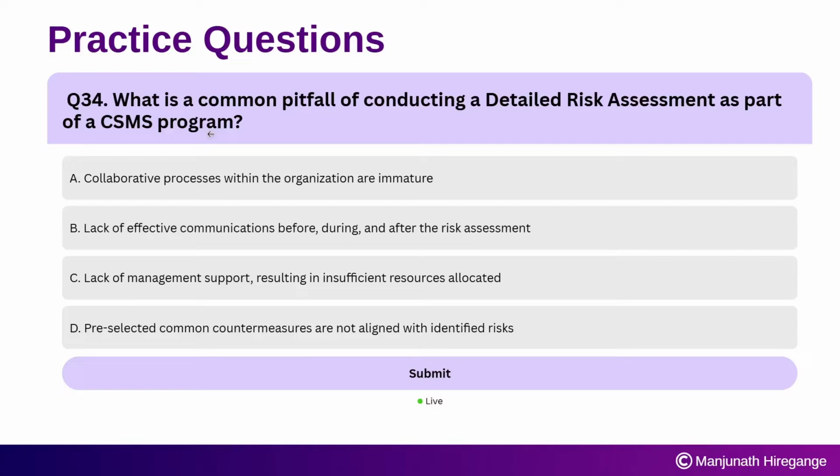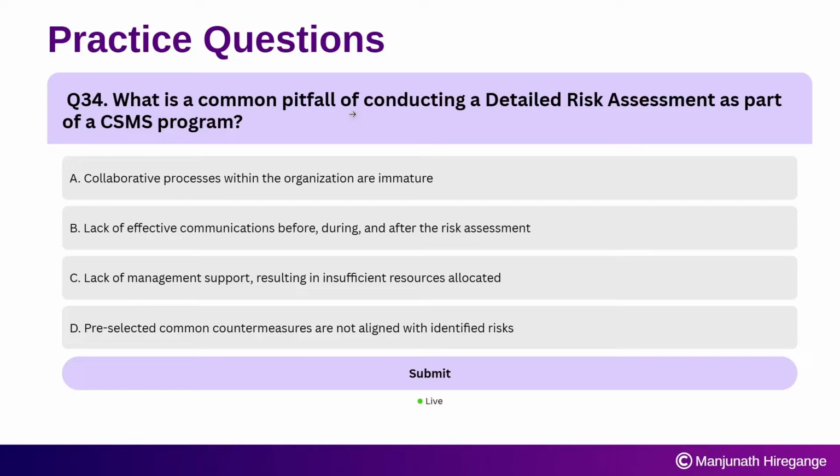For each step, like initiate the CSMS program and then conduct the high level risk assessment, detailed risk assessment, establish the policies, maintain the CSMS. So all six blocks are important, and for each of the blocks you will have a common pitfall. And also there is an arrow mark given, like input. So high level risk assessment output is connected to the detailed risk assessment, as well as establish security policies, right?